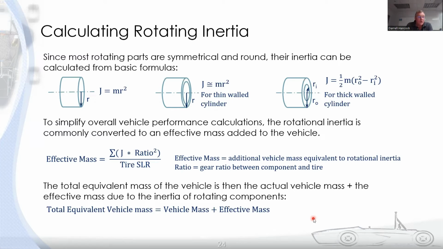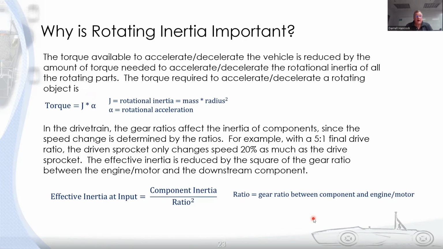So while you're in a corner, the torque from your engine is much less constrained by the inertia of the drivetrain, right? You're not subtracting as much torque from your engine power, right? You're not accelerating all those rotating parts as much. You're not accelerating them in rotation as much.